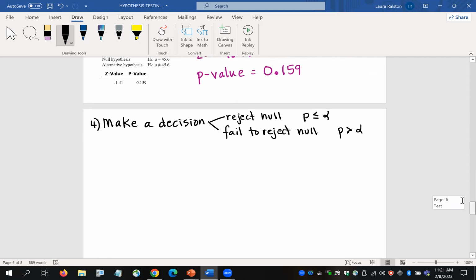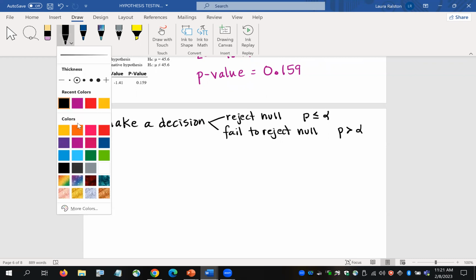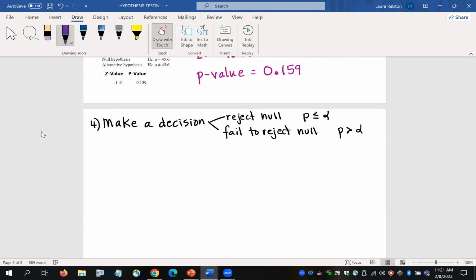So I'm going to make that comparison. Again, I like to write it down. So I have my p-value compared to alpha. My p-value from Minitab is 0.159. We were asked to use a significance level of 0.01.